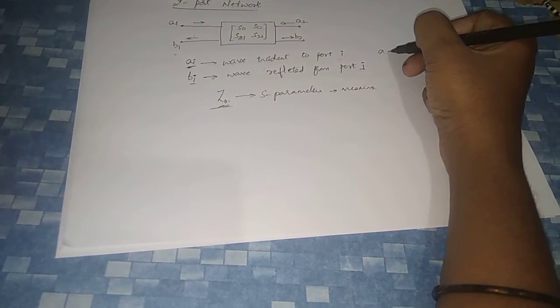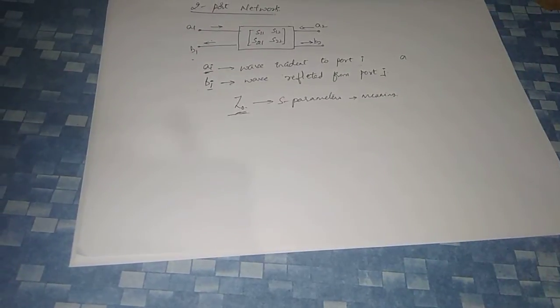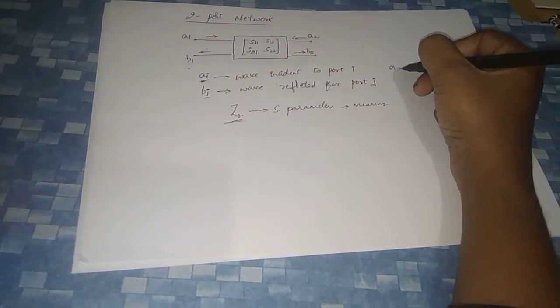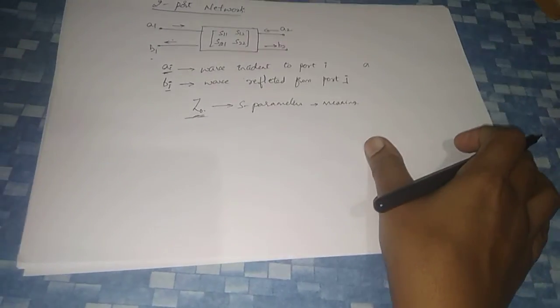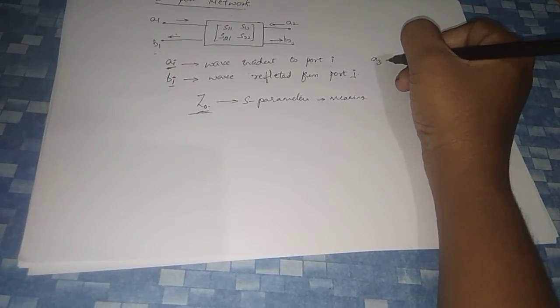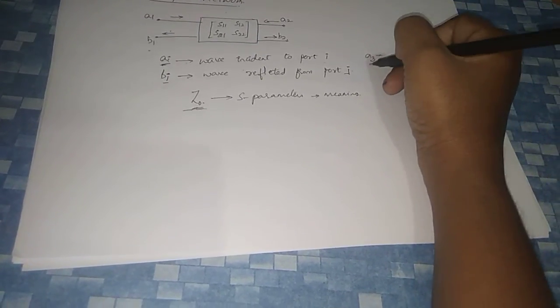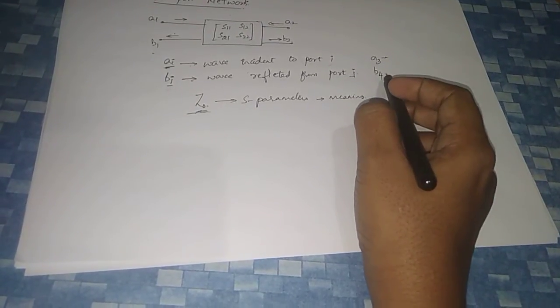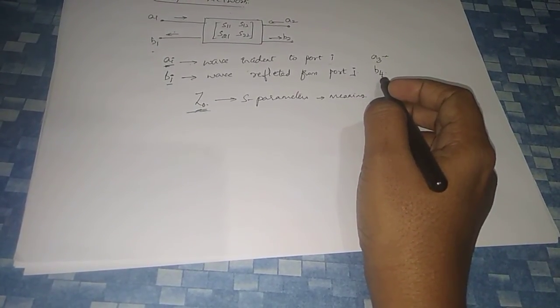Similarly, in a multi-port or n port network, if I write A3, this represents the wave incident to port 3. If I write B4, this is the wave reflected from port 4.